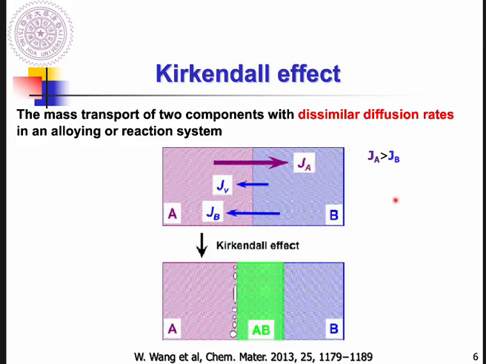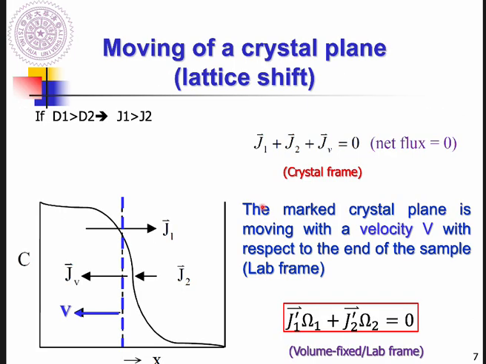Then you will get more A here and less B here, so you would visualize the material moving. But we haven't had the chance to visualize something moving during interdiffusion. Why does this happen? So I give you some theory.